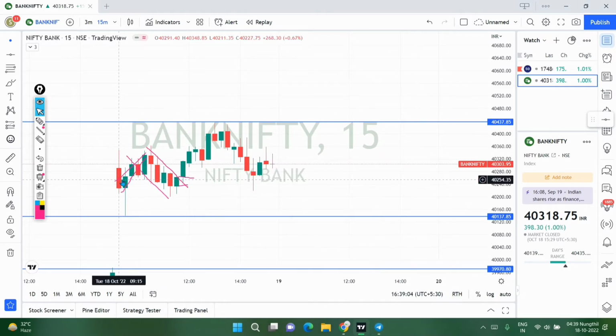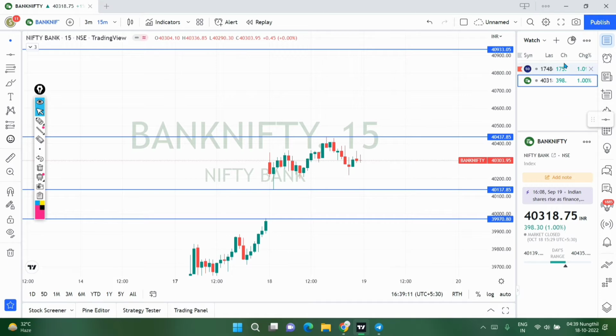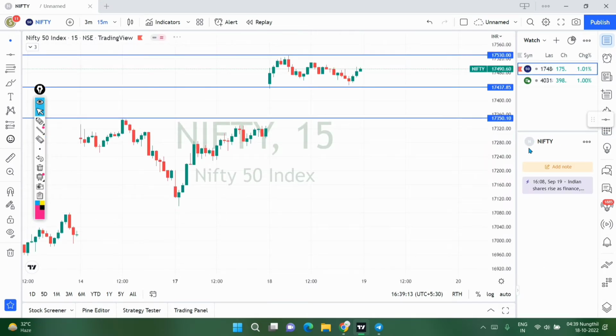Now let's have a look at the next market, that is for 19th of October. Let's have a look at Nifty 50 first.